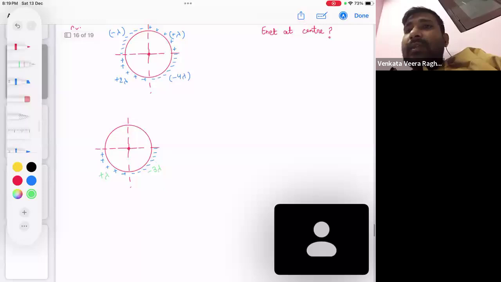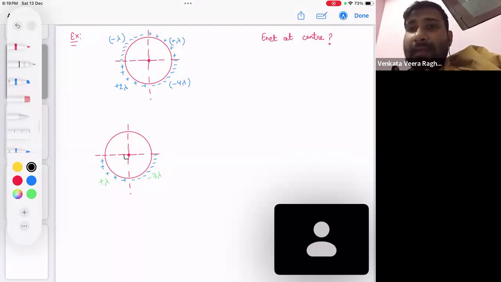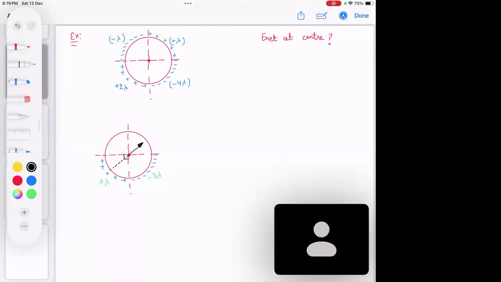Now instead of 4 arcs, I only have to calculate due to the 2 arcs. Okay, and this is the arc. What will the angle bisector be? 45 degree, 45 degree, right? Please tell me, is it the field due to the third quadrant?